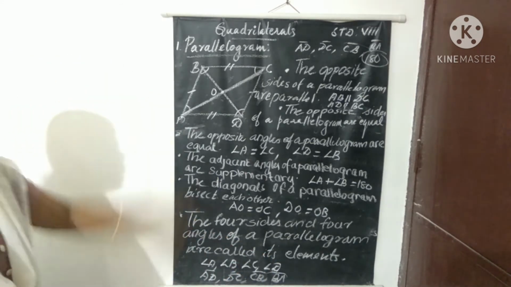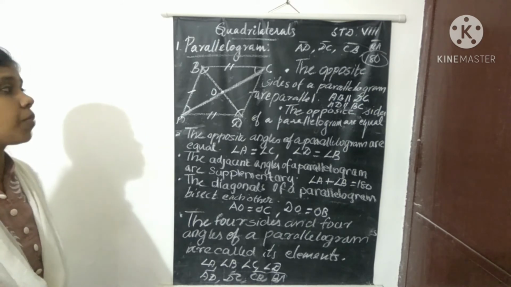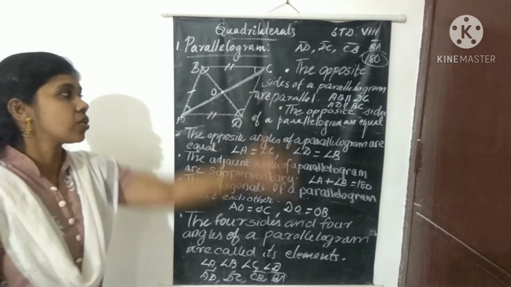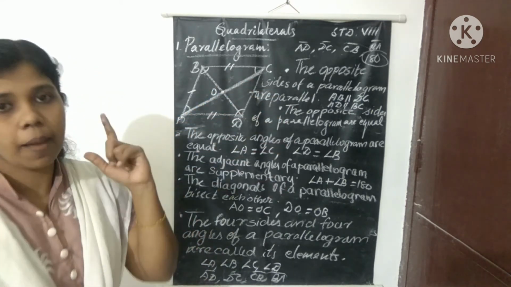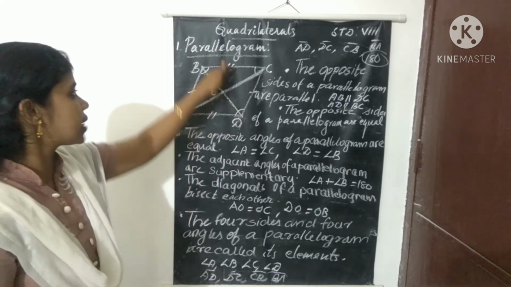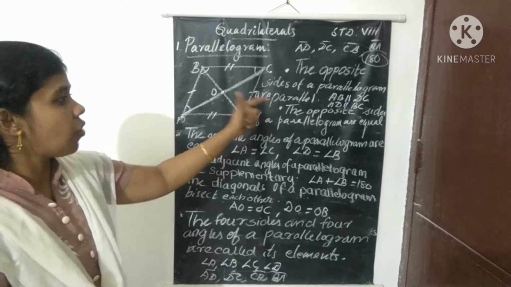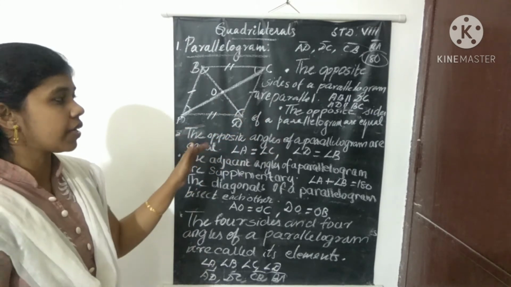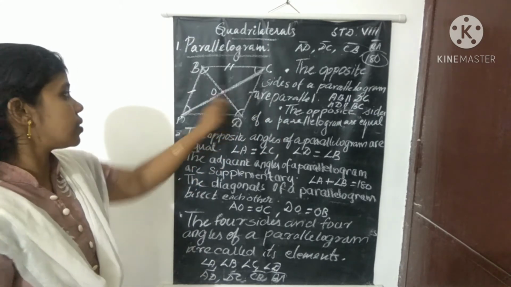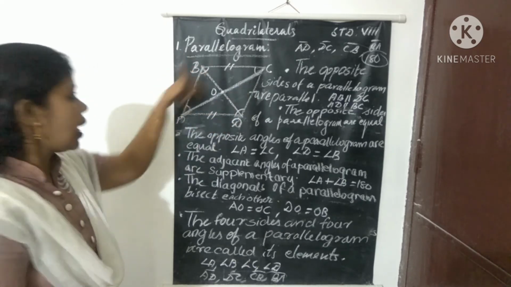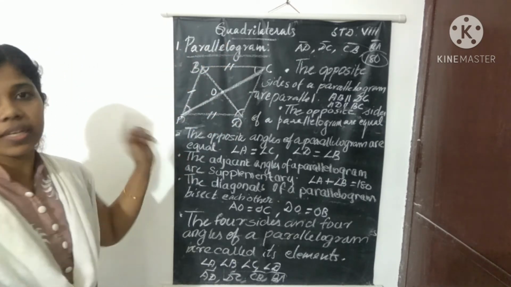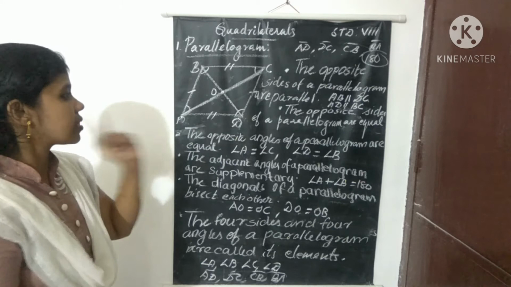Roughly understood? So what are the properties of a parallelogram? First, the opposite sides of a parallelogram are parallel. Next, the opposite sides are equal, that is, their lengths are equal.